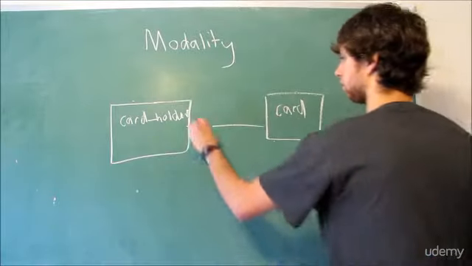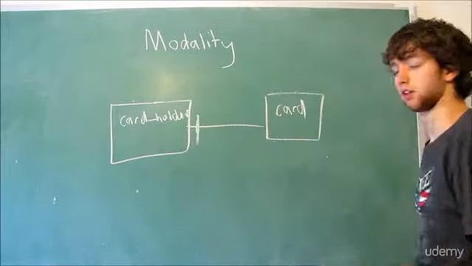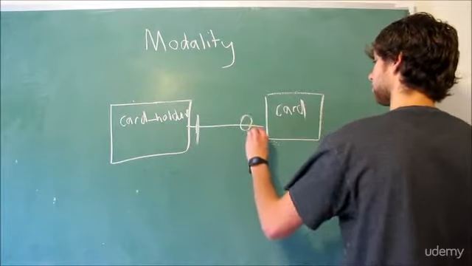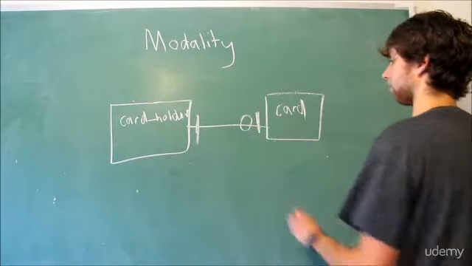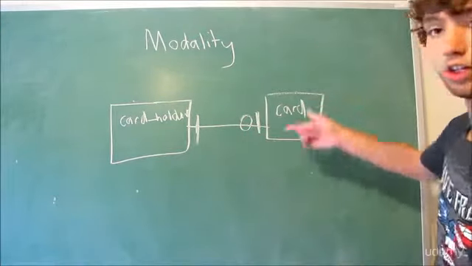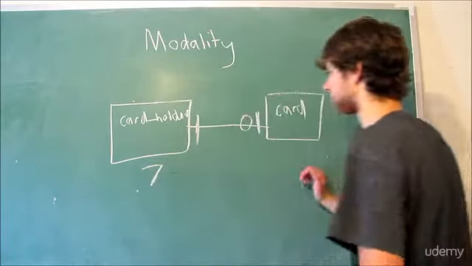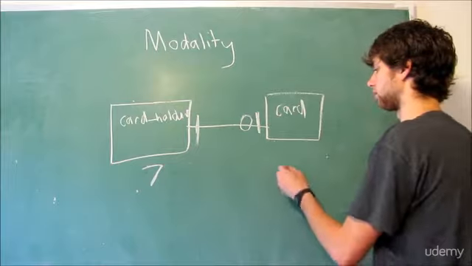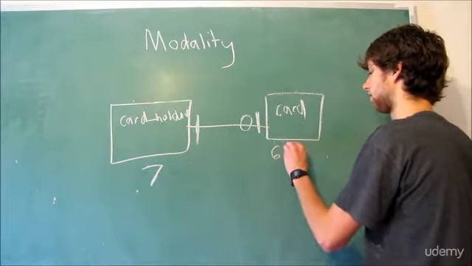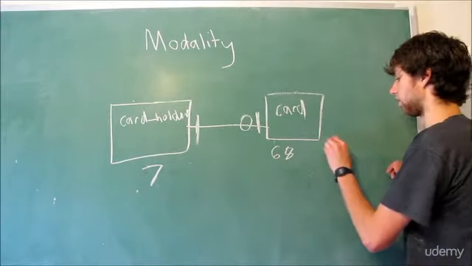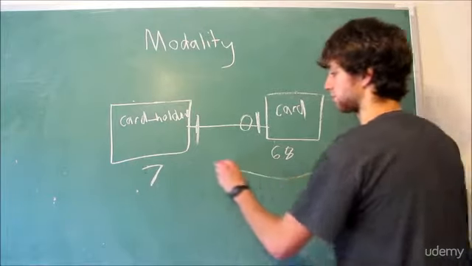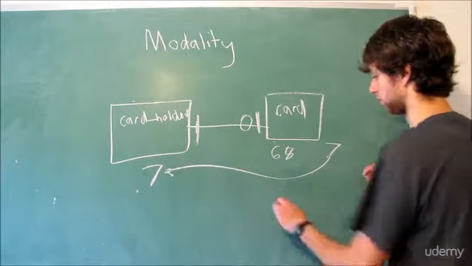Now we could say one card holder can have 0 up to 1 relationships with one individual card. So we have a card holder with the ID of 7, and then we have a card with the ID of 68, owned by the card holder 7. So that points back, and that's acceptable.